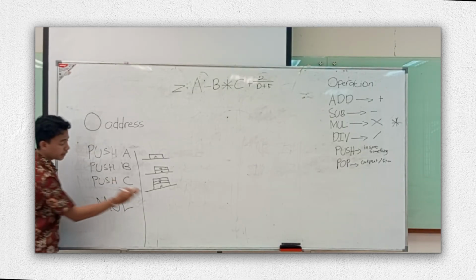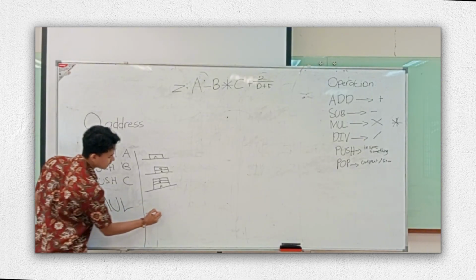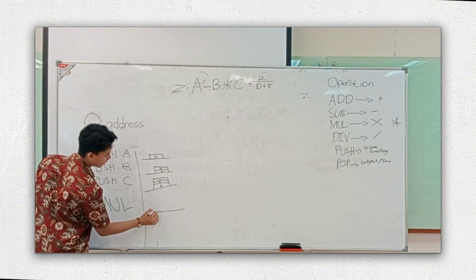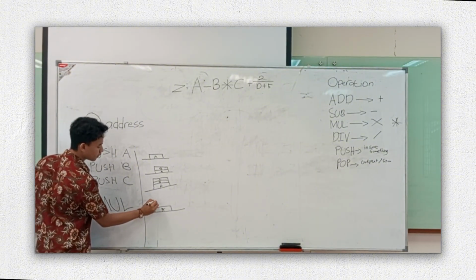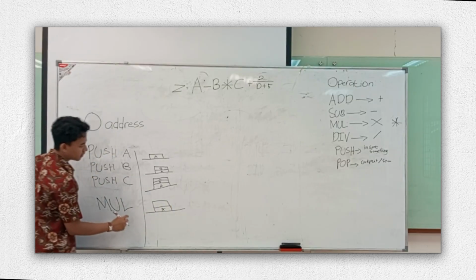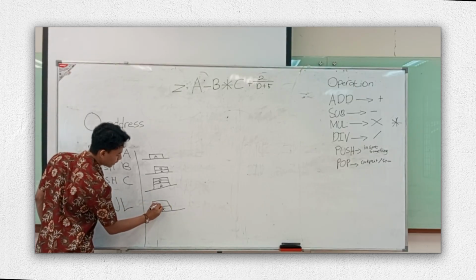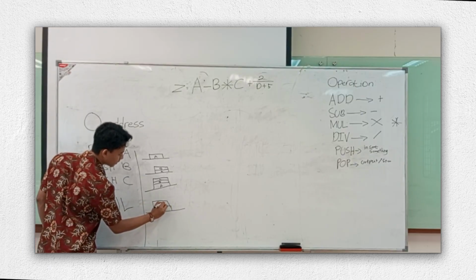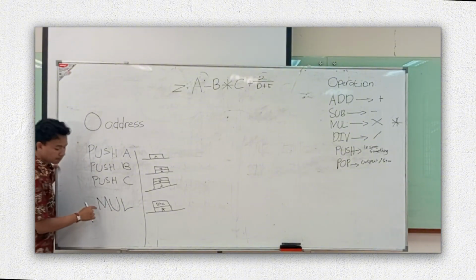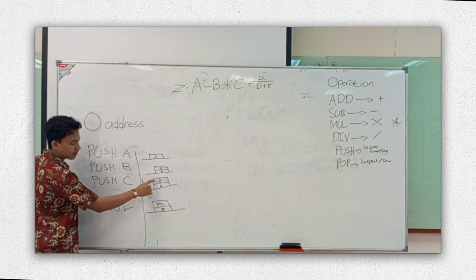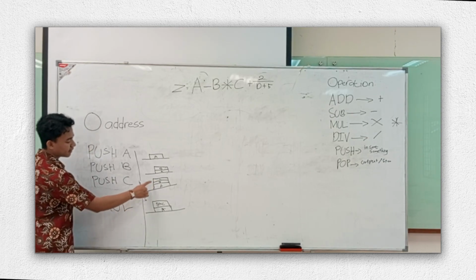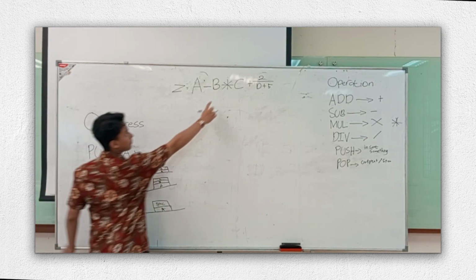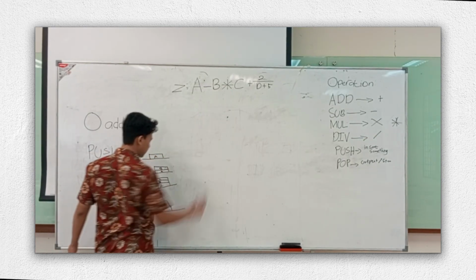in which it shows the function where the A is not touched, and then it's going to be B times C. We're going to use the multiplication operation on these first 2 in the stack. So it's going to be B times C. So here we have done this part.